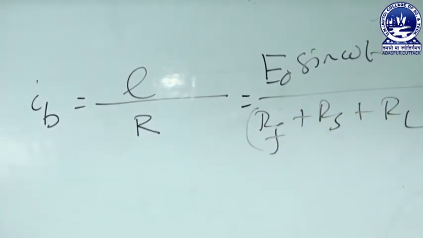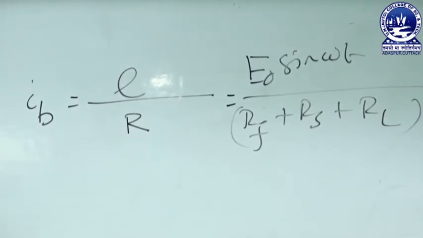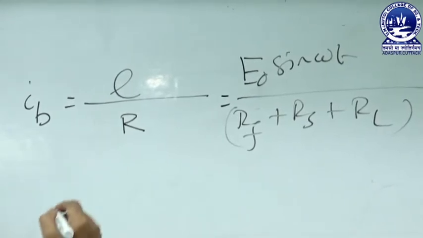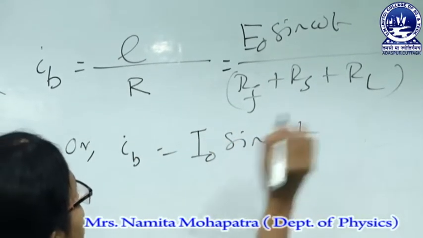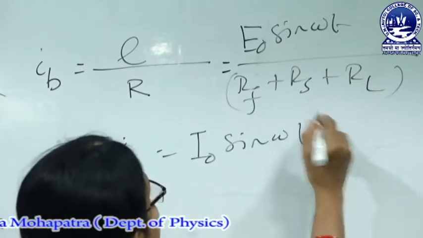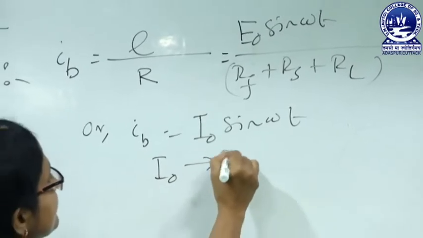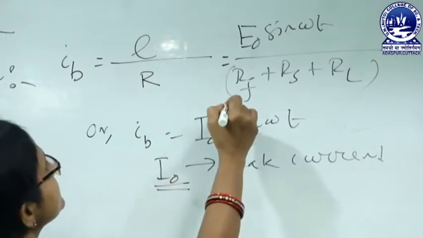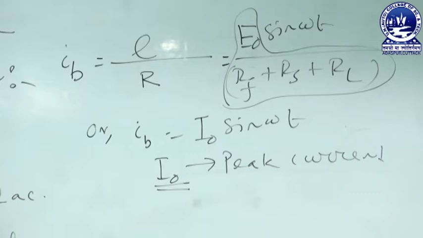But we know that the peak potential E naught divided by total resistance, according to Ohm's law, gives the peak current. So IB equals I naught sin omega t. Here I naught is the peak current, and that current equals E naught by Rf plus Rs plus RL.